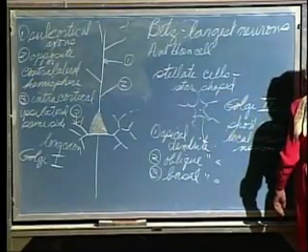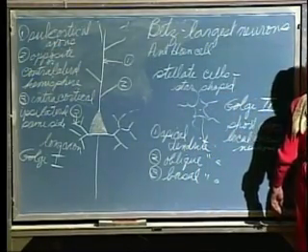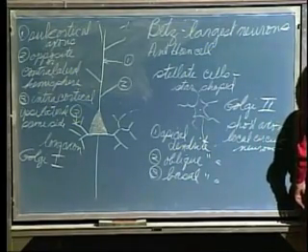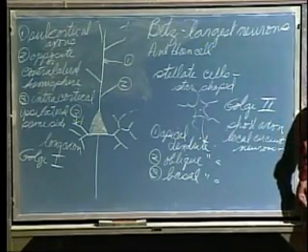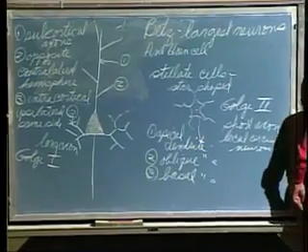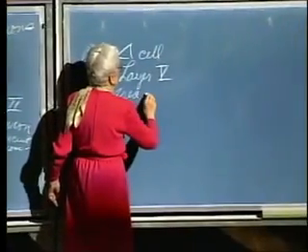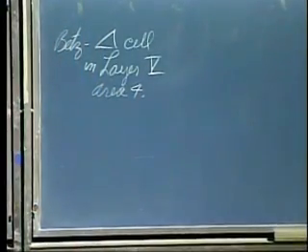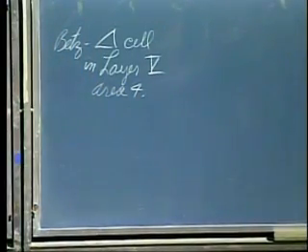Betz cell, pyramidal cell in layer 5, area 4. So can you see it? Can you see where your area 4 is in your brain? And you know you've got 6 layers to the cerebral cortex, and you'll see these big ones. So when you see them, you won't think that this is due to some abnormality. They are normal.